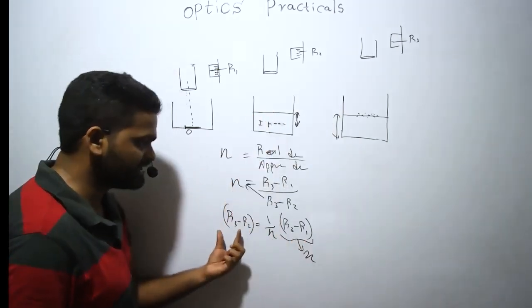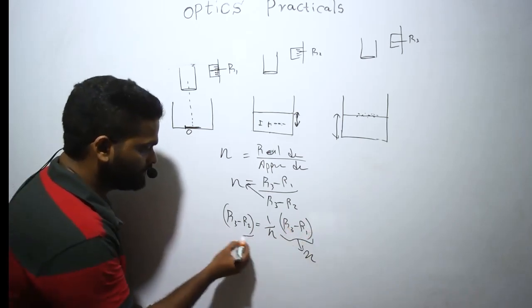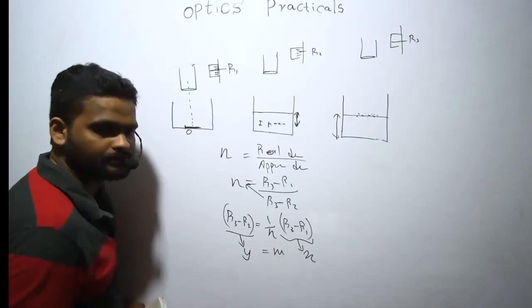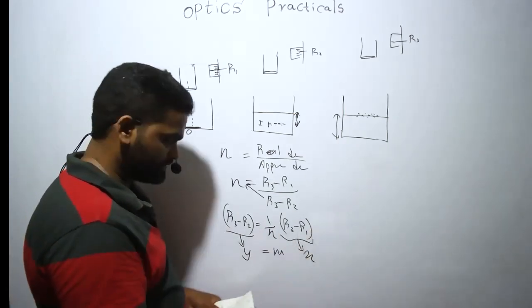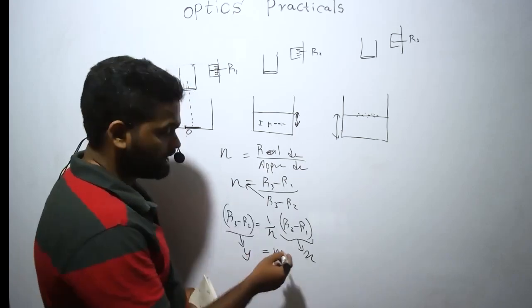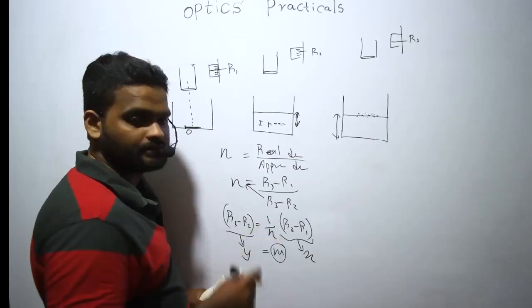So this apparent depth is dependent on this variable. So we call this one y. So we have a y equals mx graph. Then you can get a bunch of readings and draw the graph, and from the gradient, you can find 1 over n.